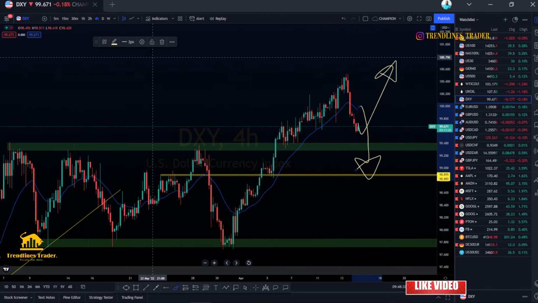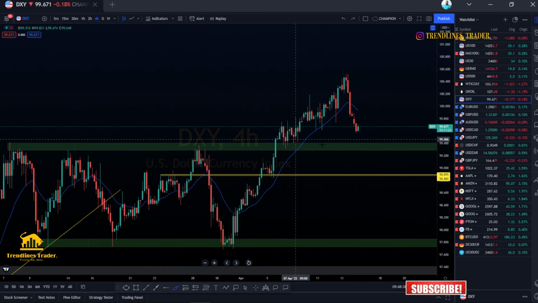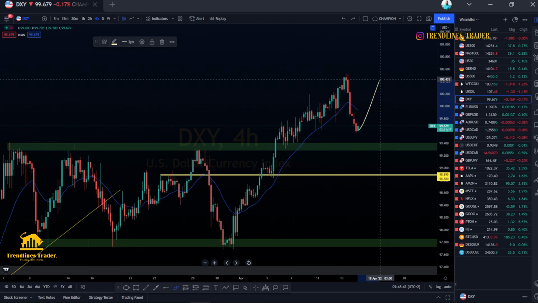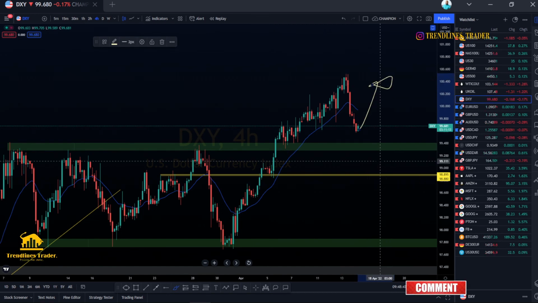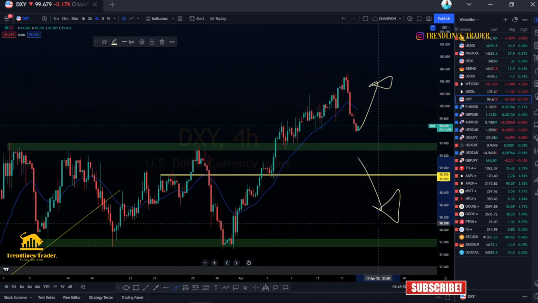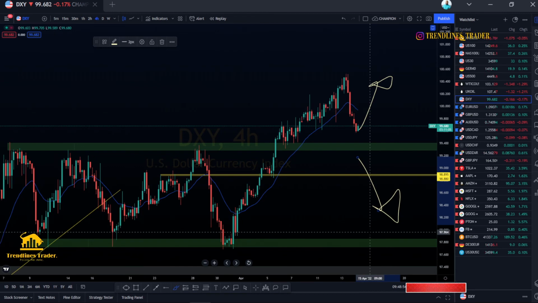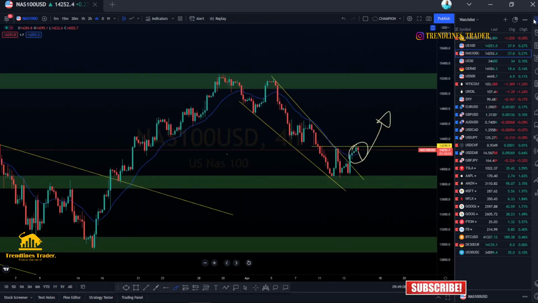And then one thing that I want you guys to understand is your DXY, whenever it pushes towards the upside or is bullish, we have to expect our Nasdaq to sell, because it's opposite. Whenever the DXY pushes towards the upside, our Nasdaq 100 pushes towards the downside.